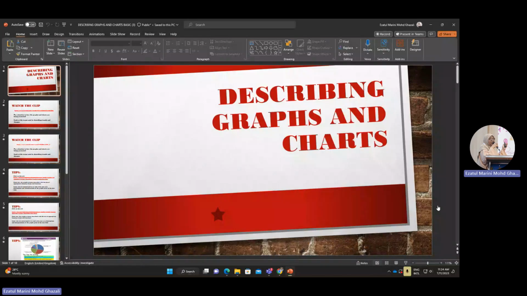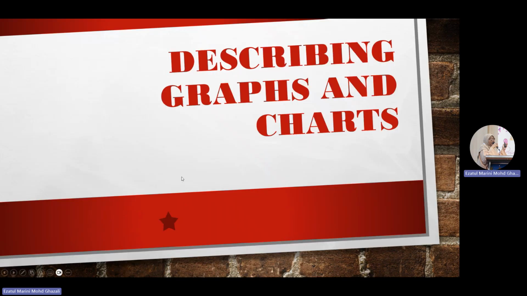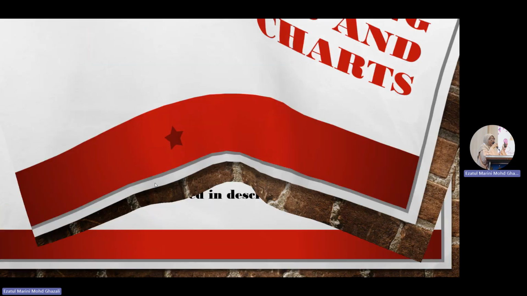Let me share with you this. Describing graphs and charts. We have been exposed to the types of graphs and charts. Now we are going to have a look at how to describe the graphs and charts.